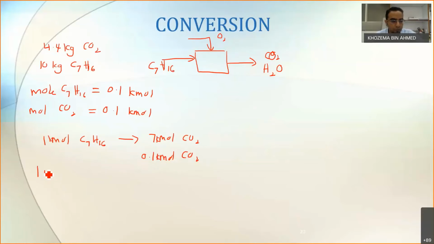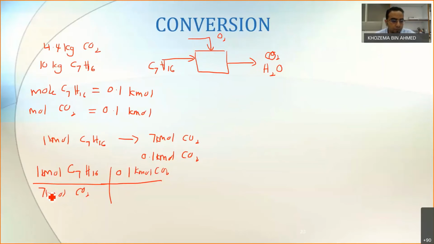So 1 mole of C7H16 divided by 7 mole of CO2, I know that this is my ratio, and I have produced 0.1 kilomole of CO2. Everything must be in kilomole.